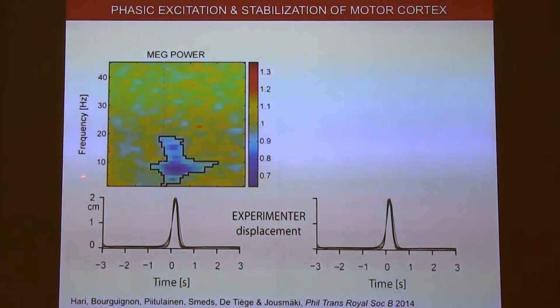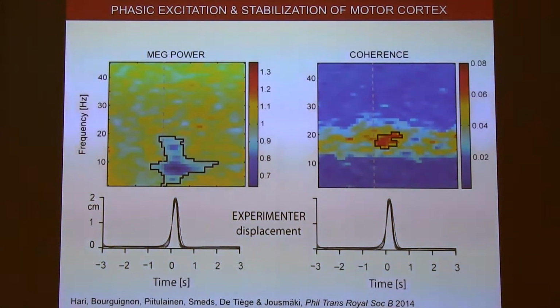So this is the frequency as a function of time, with respect to the experimenter's movements. There's a clear suppression, the power is decreased, telling that, as we expected, primary motor cortex seems to be activated. But then when we look at this cortex-muscle coherence, that I said should be considered some kind of sign of the stabilization of the cortex.